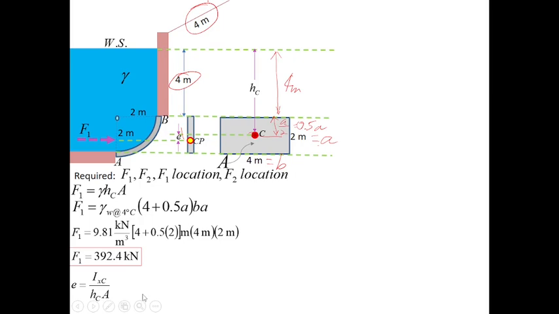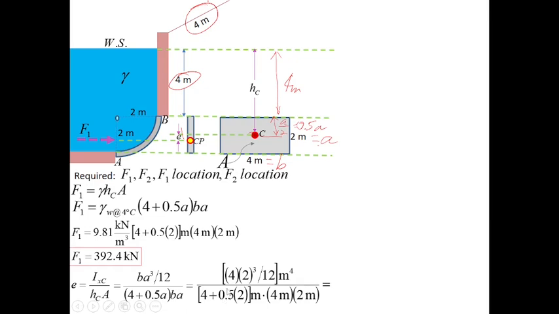I already showed that before, right? This is the moment of inertia about the XC axis, which equals B, A cubed over 12, all over HC, which is 4 plus 0.5A. Area is BA. So the outcome is 4 times 2 cubed over 12, meters to the 4th, all over 4 plus 0.5 times 2 meters, divided by 4 meters times 2 meters. And we will get 0.06667 meters.